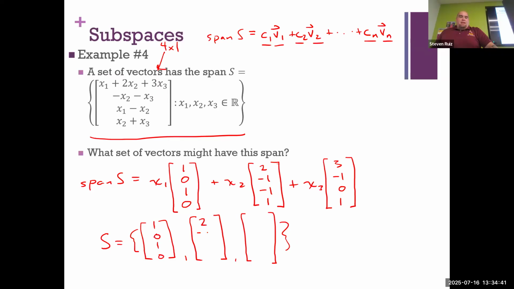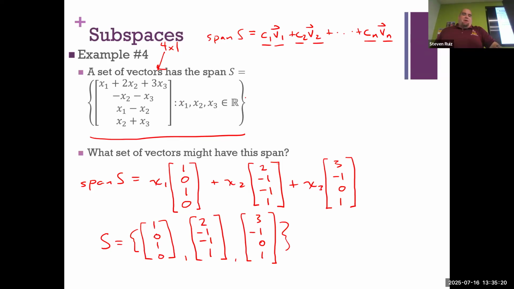Again, let's remind ourselves of what the span of a set of vectors means. Now that I have the 3 vectors, think about what their span means. If I wanted to find out everything that these 3 vectors span, then what I would want to do is take any 3 real numbers, multiply these 3 vectors by those real numbers, and add them together. Do that exhaustively for any combination of real numbers you can think of.